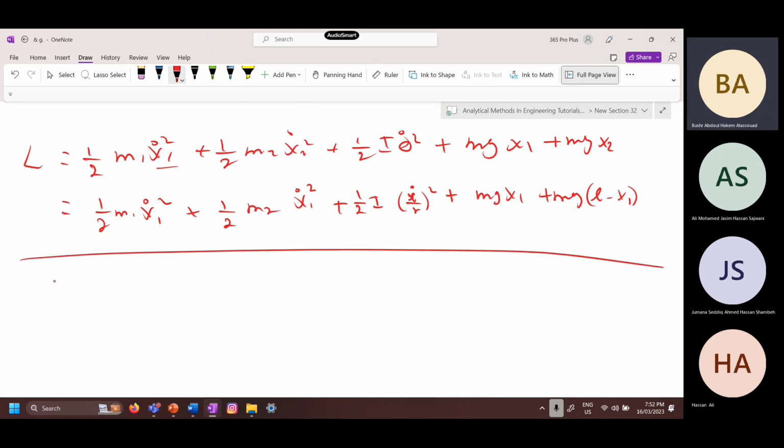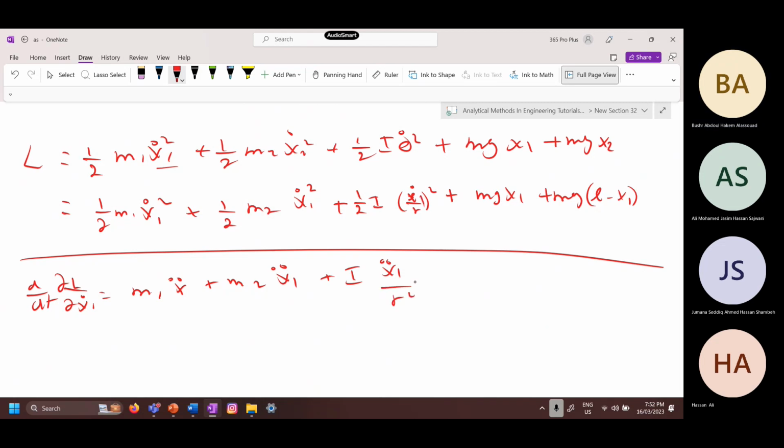Now find the equation of motion. Partial L over partial x1 dot is going to be m1 x1 dot plus m2 x1 dot plus I x1 dot over r squared. Let's solve it one time with d/dt.